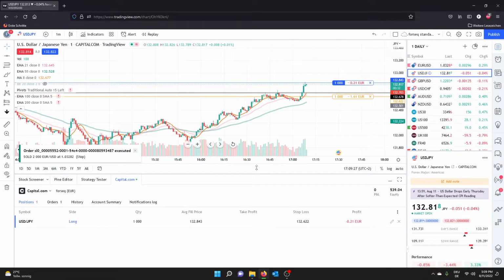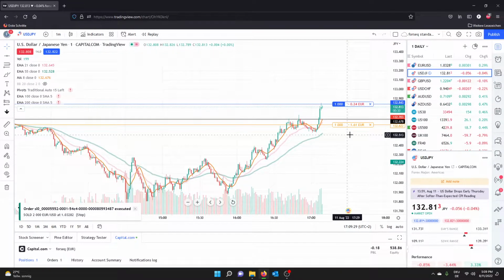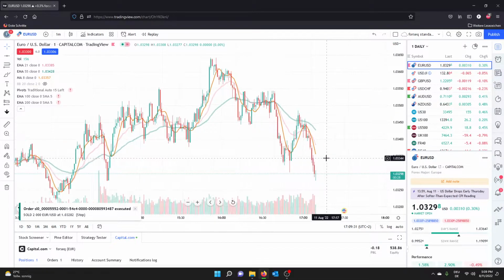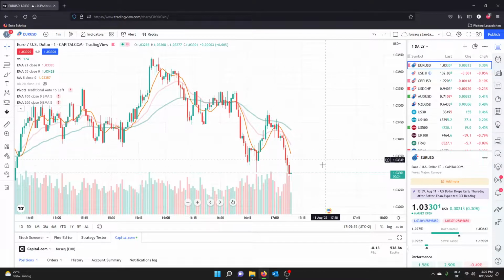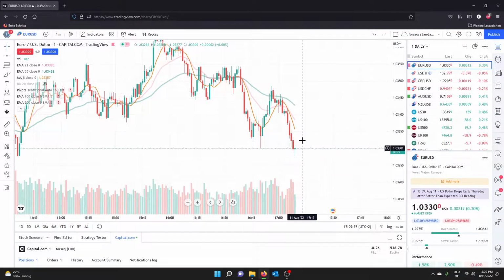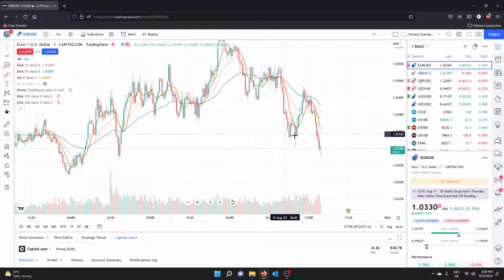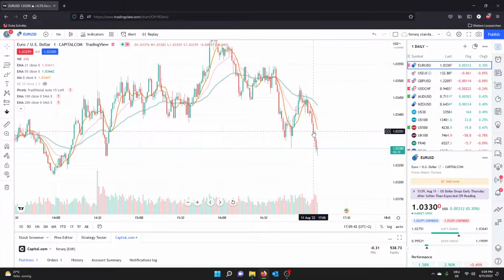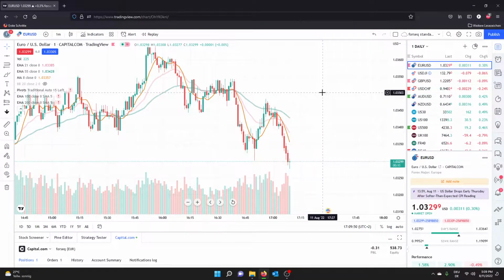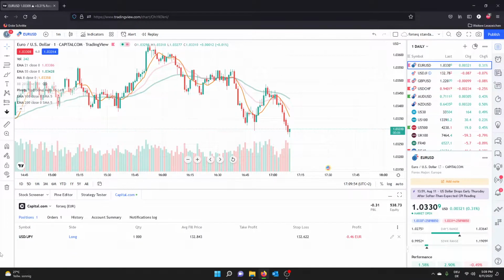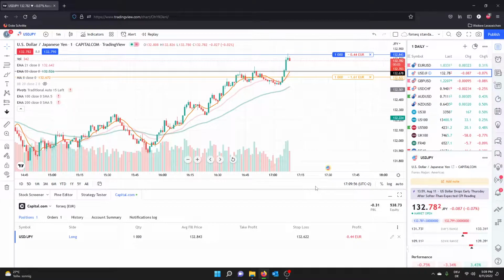Yeah, we got stopped out at Euro US dollar. As we see, the price moved down under this level. Maybe if the price corrects back up somewhere here, we could try to do another short trade and put our stop loss here. But at this point I would wait a little bit.